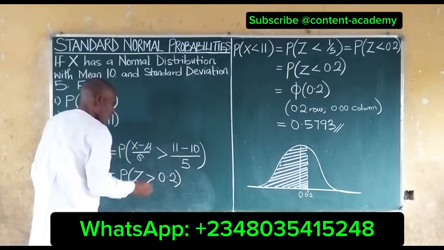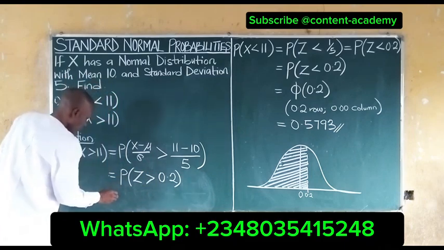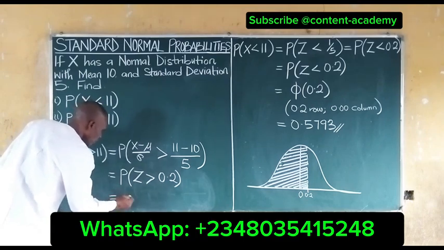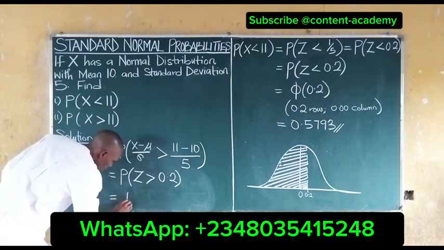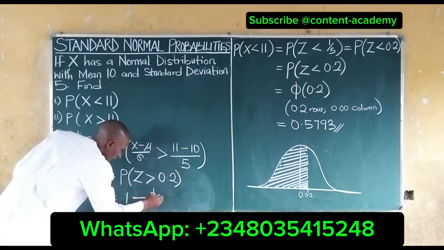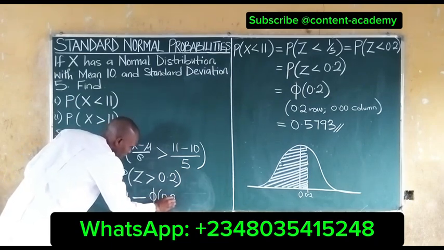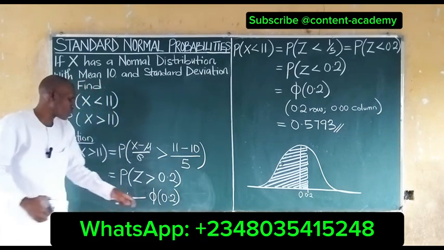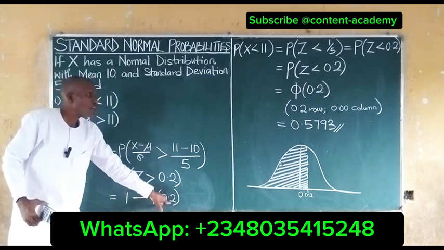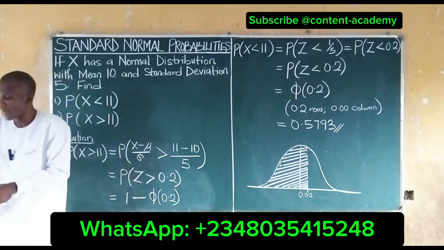What this means is that our probability is equal to, from the properties of the standard normal, 1 minus the standard normal probability at 0.2. So all we need to do is to find 0.2 from our normal table.